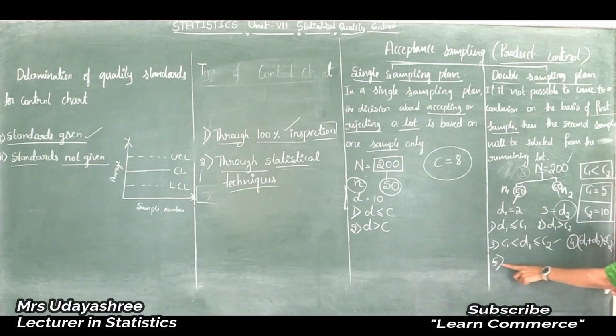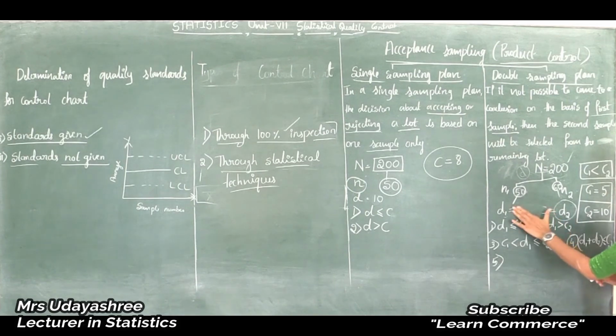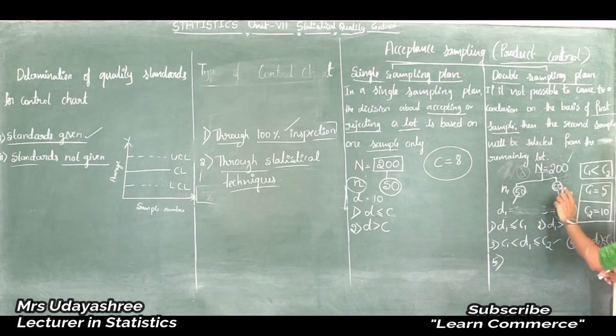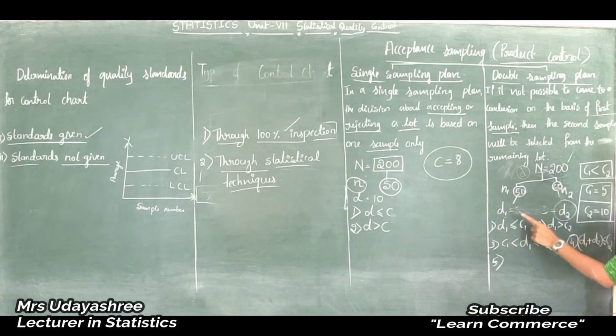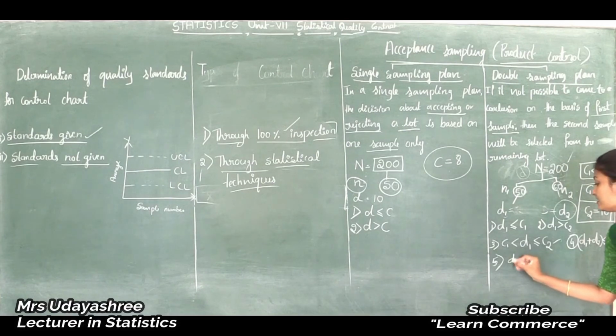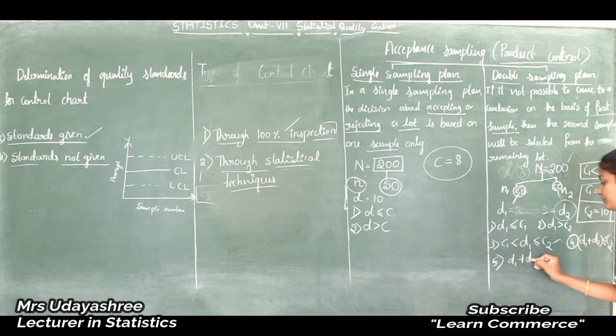Next, let's see the next condition. After examining each and every sample in the sample sets, if I get defectives like this, that is D1 plus D2 greater than C2.